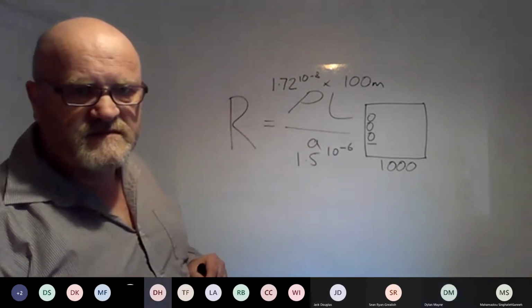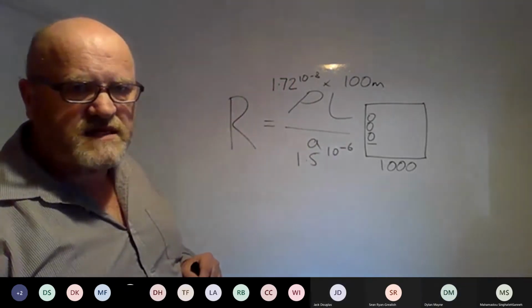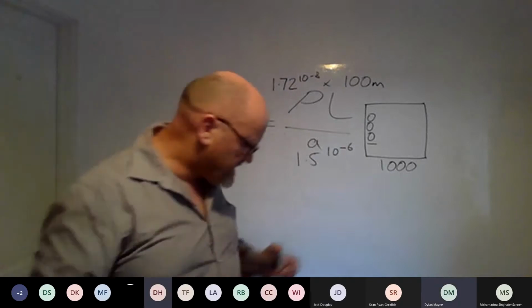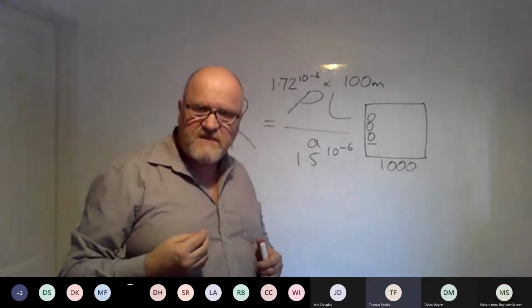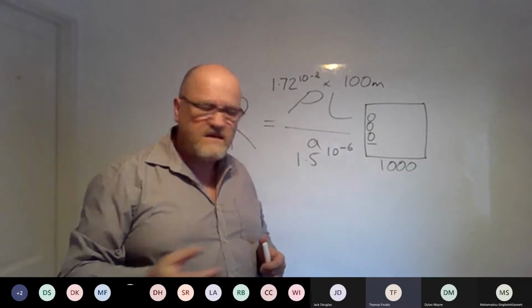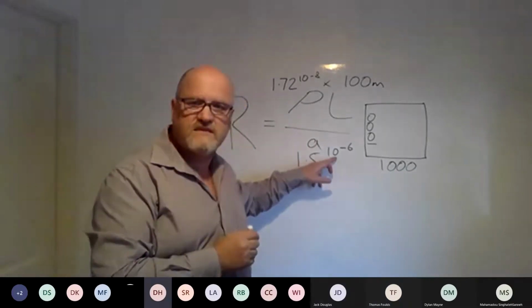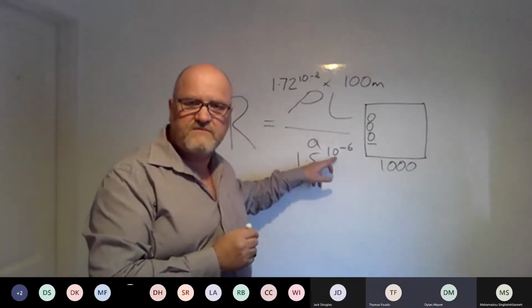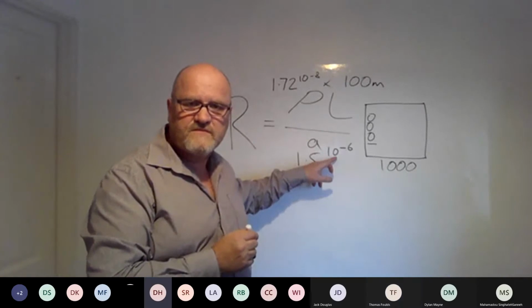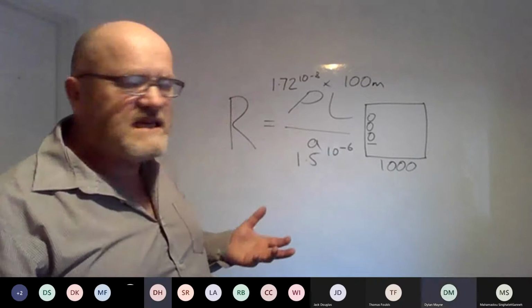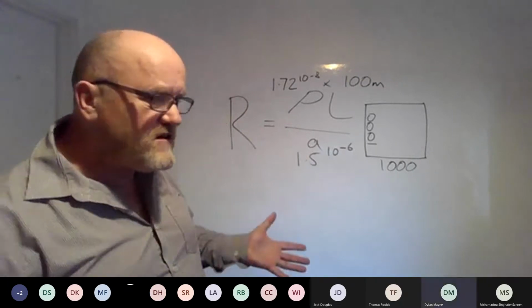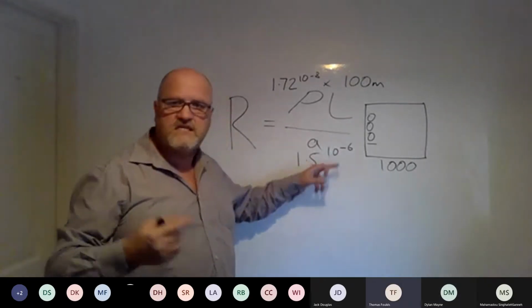Is that okay? Give me a size of cable. 1.5. 2.5. And it's always measured in millimeters squared. So it's always going to be 10 to the minus 6. Your 4 millimeter, it'll be 4, 10 to the minus 6. 6 mil, 10 mil, 25 mil, it'll always be 10 to the minus 6.